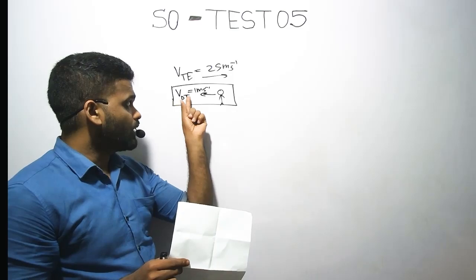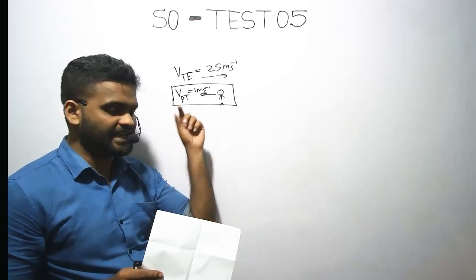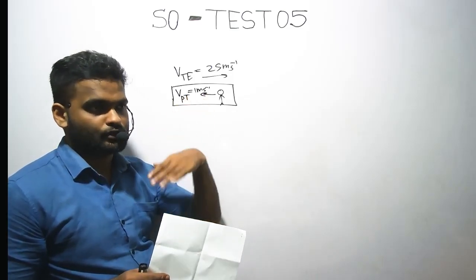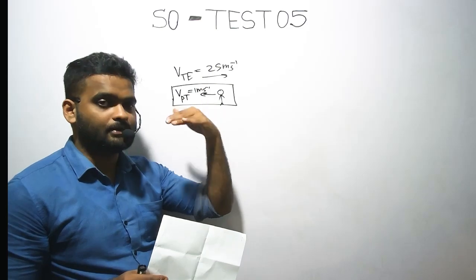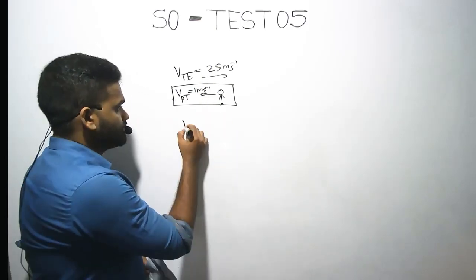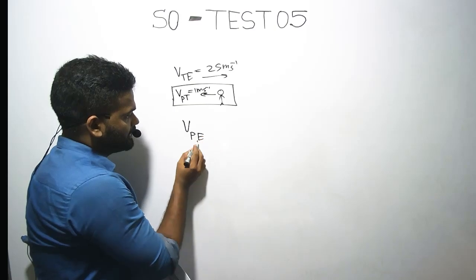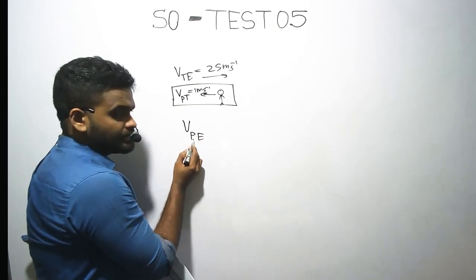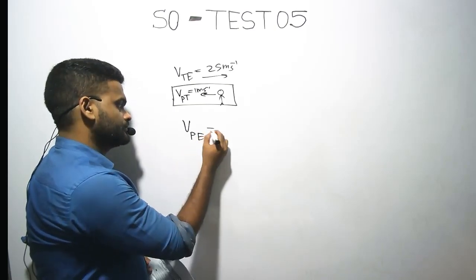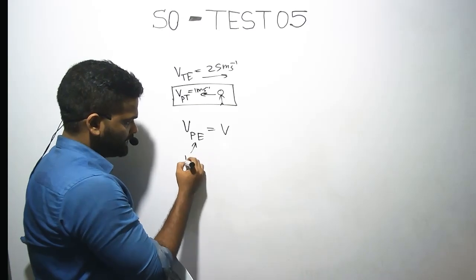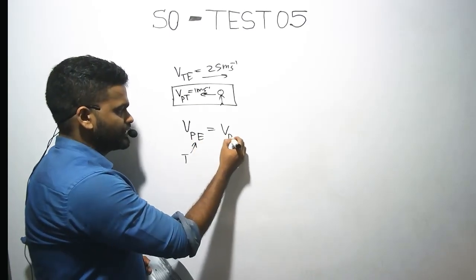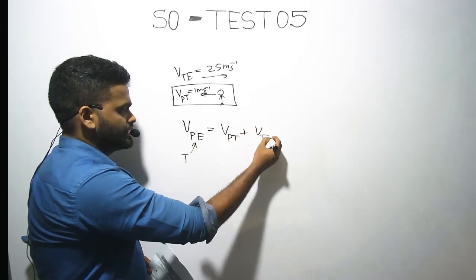But here you have one of the velocities that is not relative to Earth. So you have to go for the fundamental equation. This is the fundamental equation. What they ask is velocity of passenger relative to Earth. Then put the train in between. You get PT plus TE.